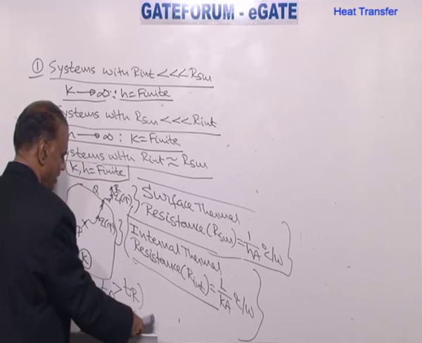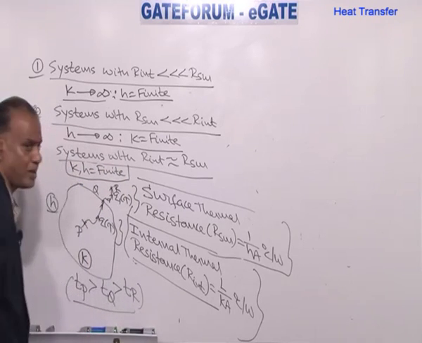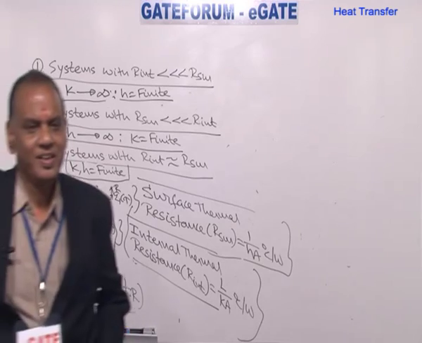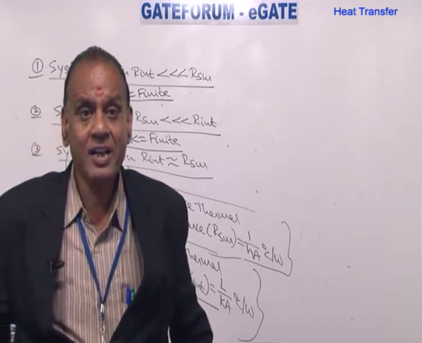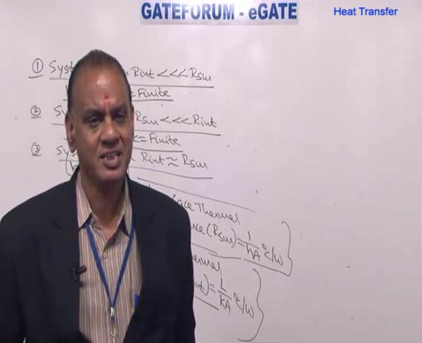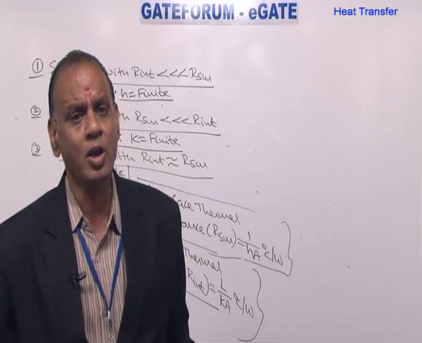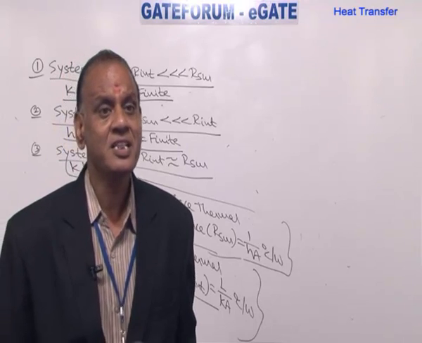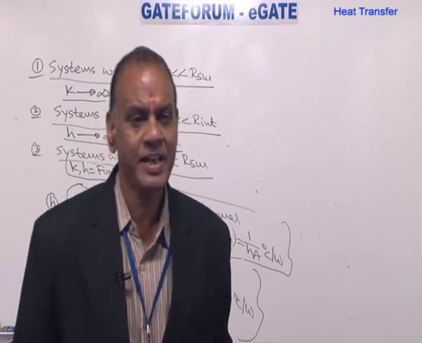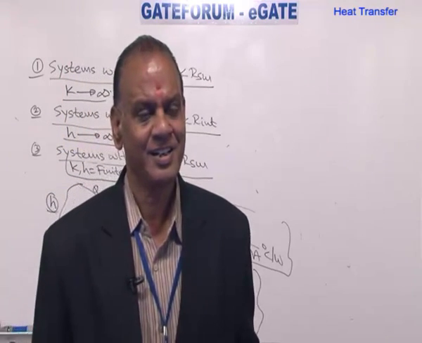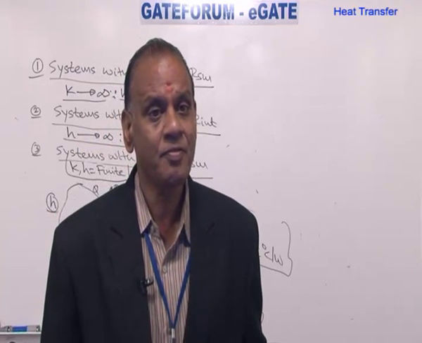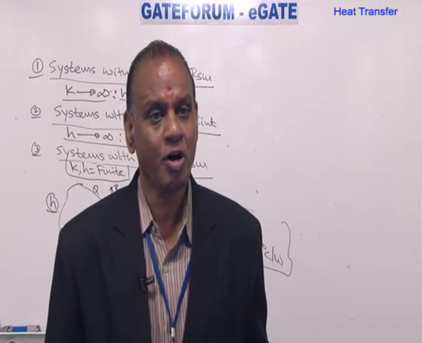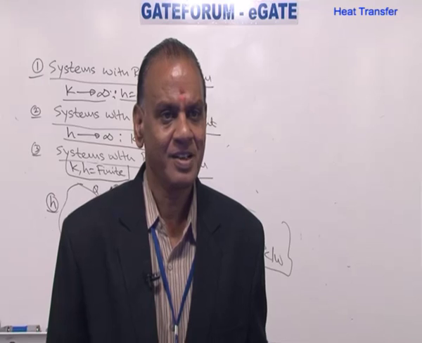K finite will make R internal big, H finite will make R surface big. Now we can reclassify non-periodic unsteady systems as systems with large value of K and finite value of H. Next, systems with large value of H and finite value of K. Next, systems with finite values of K and H.